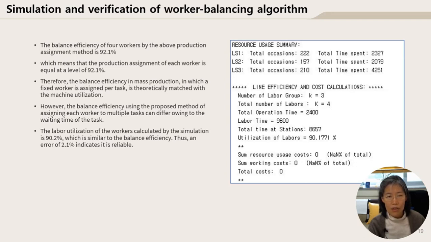However, the balance efficiency using the proposed method of assigning each worker to multiple tasks can differ owing to the waiting time of the task. The labor utilization of the worker calculated by the simulation is 90.2%, which is similar to the balance efficiency. Thus, an error of 2.1% indicates it is reliable.